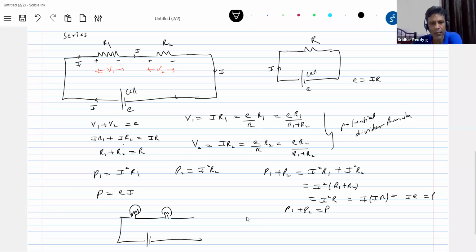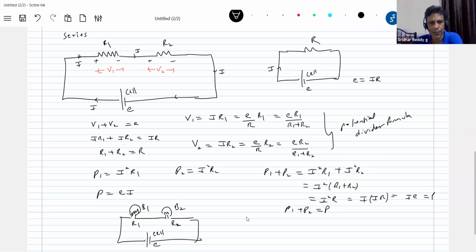So this is the cell. Each bulb will glow, no? Tell me which bulb will have more intensity. The intensity of a bulb depends on what? Let me introduce all the ideas here so that it will be easy for you. There's a bulb B1 and bulb B2 having resistance R1 and R2.